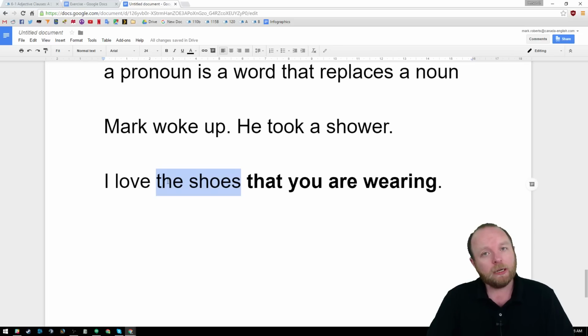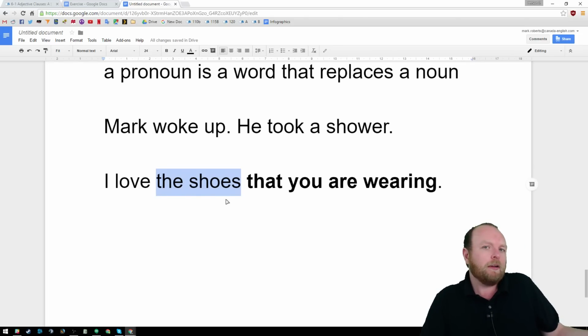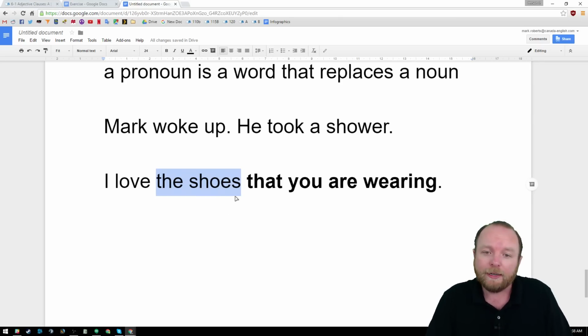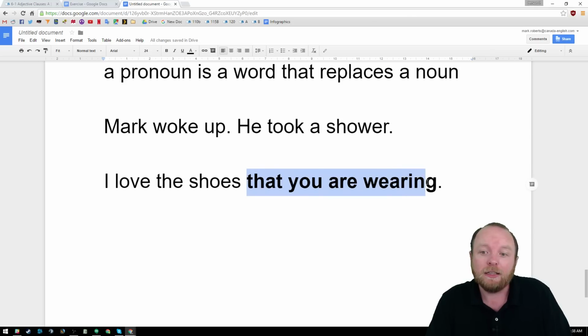Sometimes adjectives describe which things: the blue pen or the red pen? Blue is an adjective. Red is an adjective. And sometimes we don't have one word in English with this meaning, so we need to use an adjective clause.